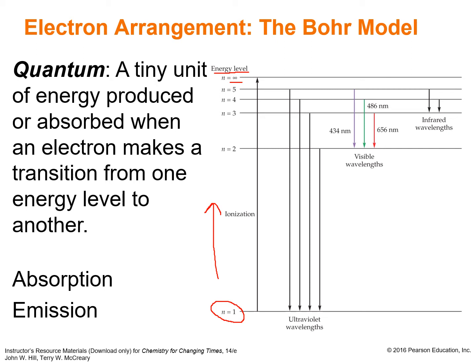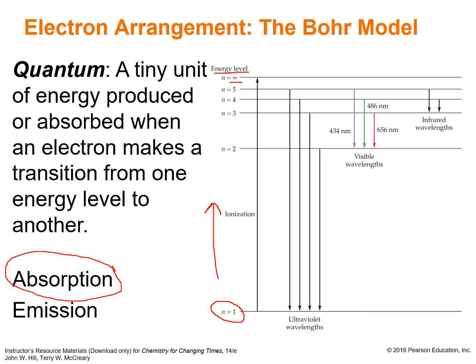So this is what is meant by quantum: the tiny unit of energy produced or absorbed when an electron makes a transition from one energy level to another. Let me explain it in terms of these two terms.